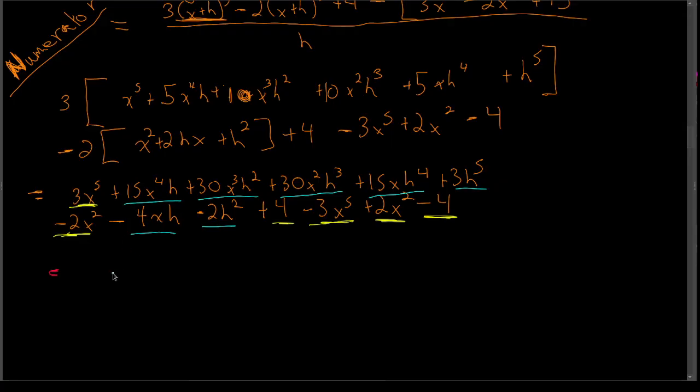And now I am going to grapple with like terms. I'm going to grab all my x to the 4th h's. So there's one of them. That's my only x to the 4th h in there. Now I'm going to grab my x cubed h squareds.